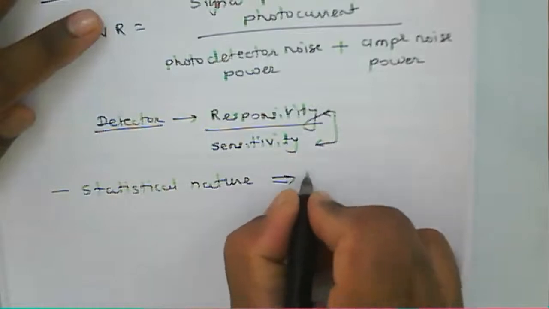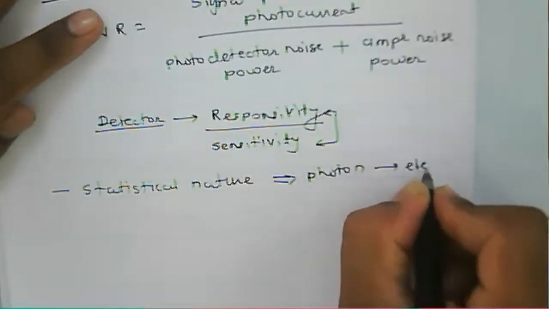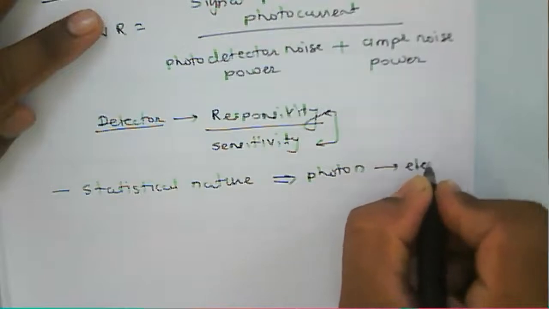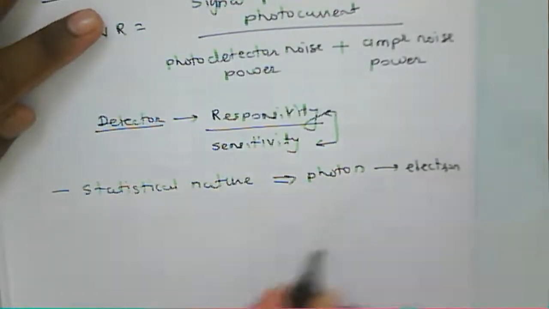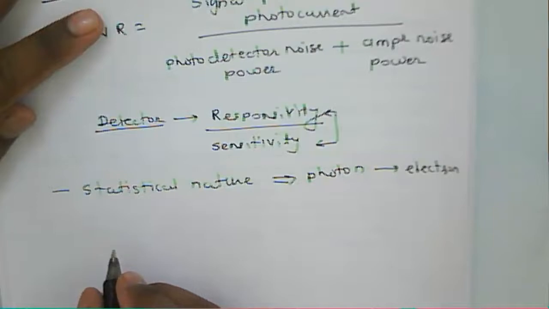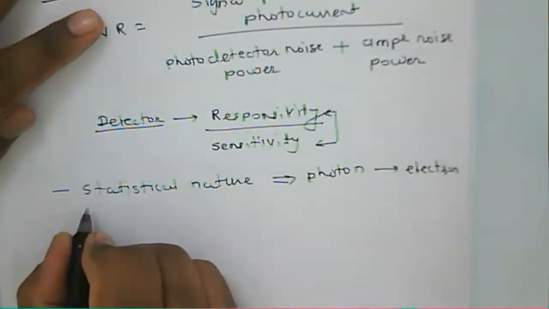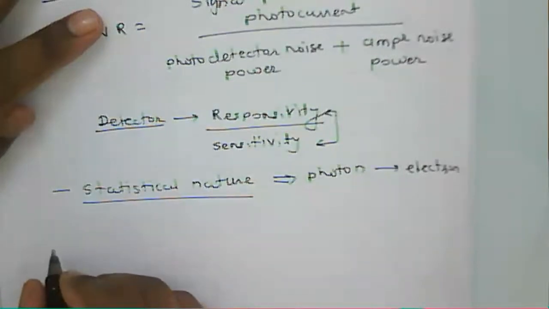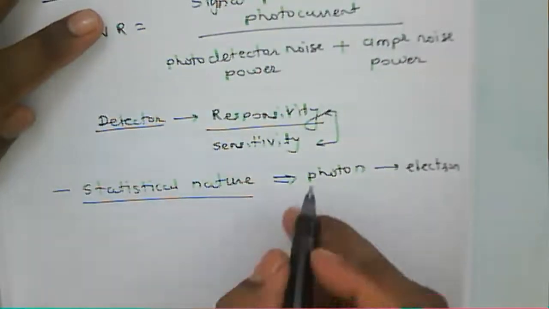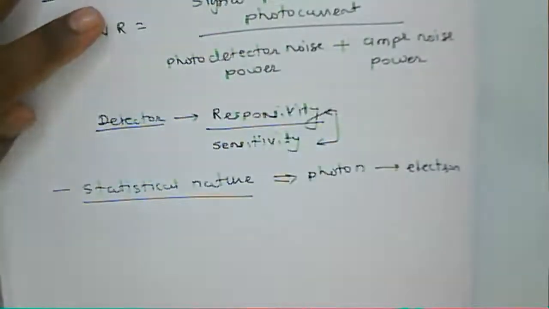Because what happens here is that a photon will generate an electron hole pair. That's why I can say photon to electron conversion is a source of noise, and there is a thermal noise associated with that amplifier circuit.